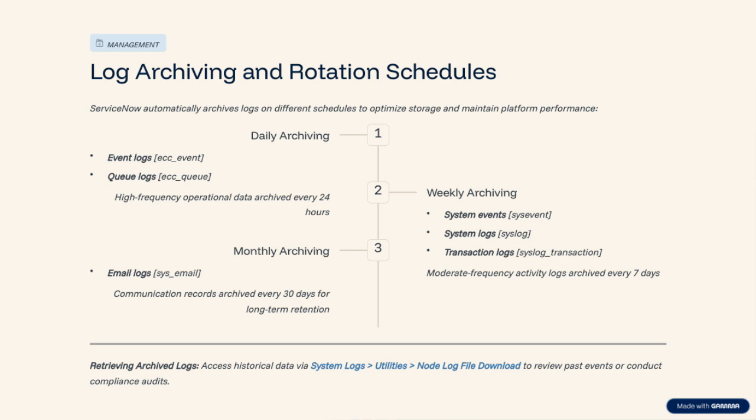For more frequent data, high-frequency operational data like queue logs, ECQ, and event logs are archived daily, every 24 hours. This ensures that critical operational data is always up to date. Finally, ServiceNow has automated log archiving schedules designed to optimize storage and maintain platform performance. By managing how logs are rotated and archived, we ensure the system stays efficient and reliable over time.